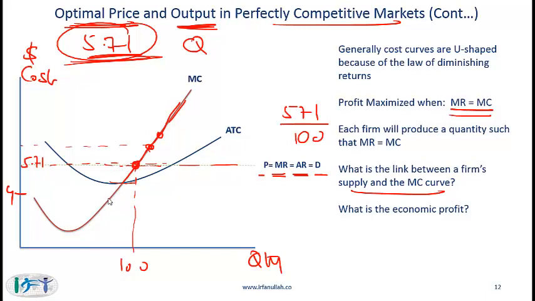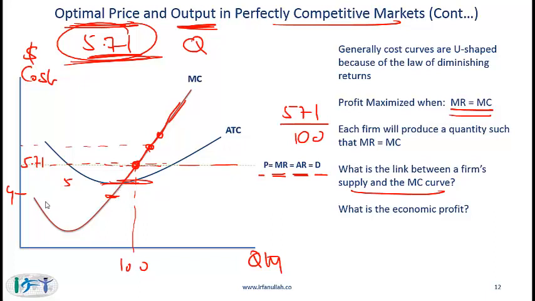The answer is no, because now the money that you get from oranges, 4 per orange, is less than your cost. Let's say that your cost per orange is 5. And for simplicity here, let's just say that our fixed cost is essentially 0. So our average total cost, let's say, is approximately the same as the average variable cost.